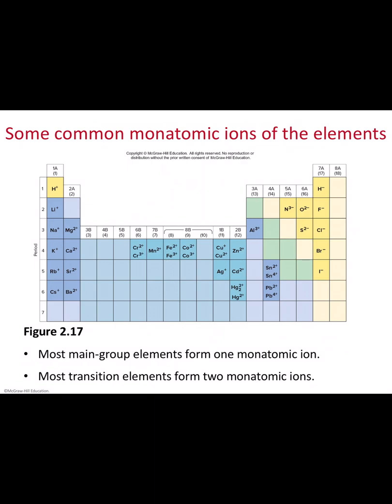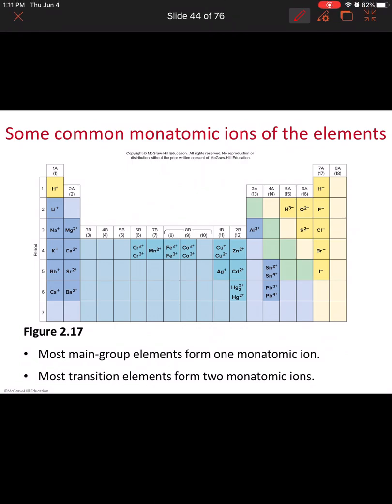So this periodic table shows us some common monoatomic ions of the elements. Normally group 1A makes +1 charge, and then group 2A commonly makes +2. And this is for the main groups. Remember the main groups? Main groups are going to be your groups 1A and 2A, and then 3A to 8A.